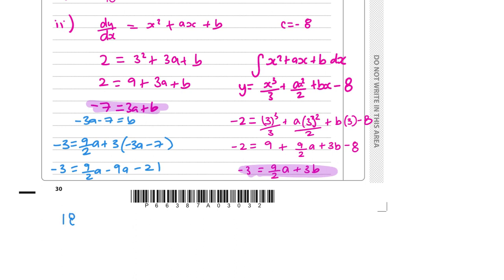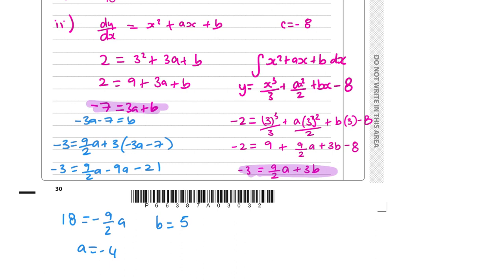Is that 18? a equals minus 4. Yep, I got a equals negative 4. So that must mean that b equals minus 12 plus 7, which is minus 5. Yep. Perfect. Okay, this is great news.